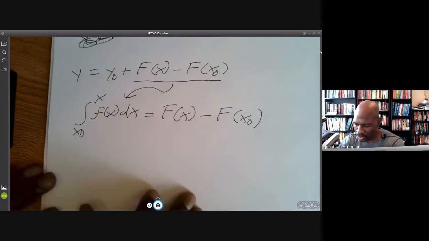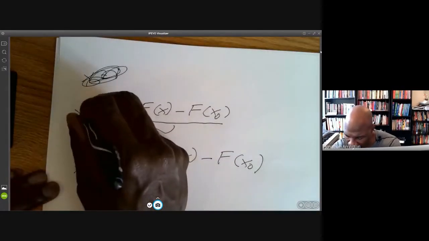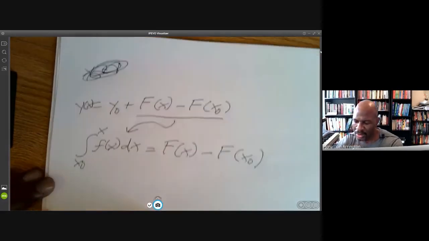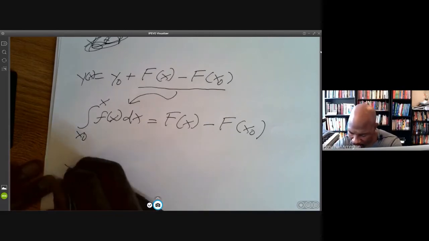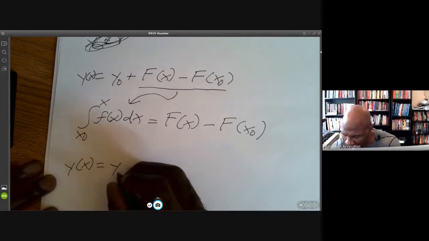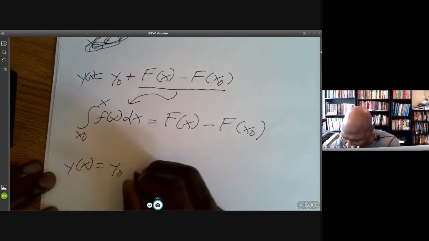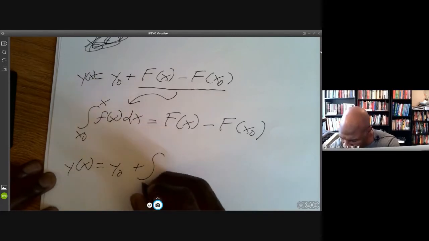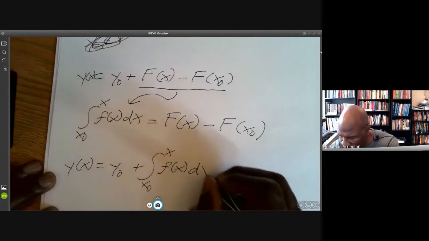So we can write our particular solution like this, as a function of x. I'm going to say y of x, because in the next example, I'm going to find the value at a particular value. So we can write this as y of x, where this is the solution to the differential equation with the initial condition f of x naught equals y naught, plus the integral from x naught to x of f of x dx.